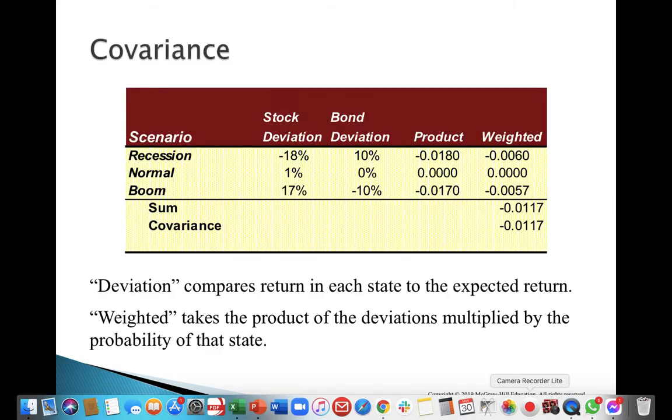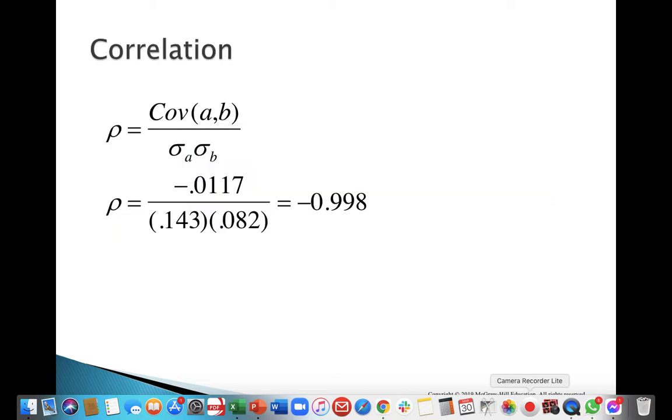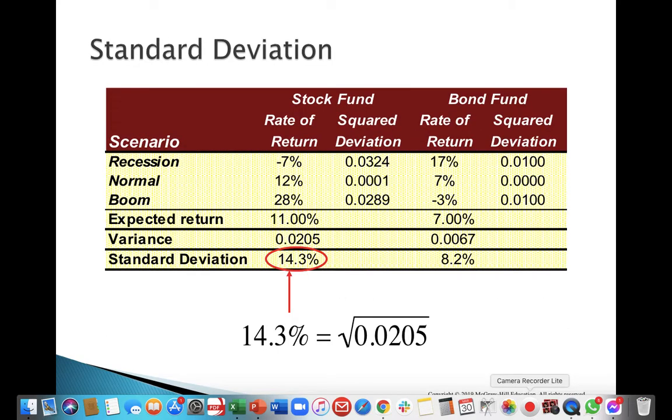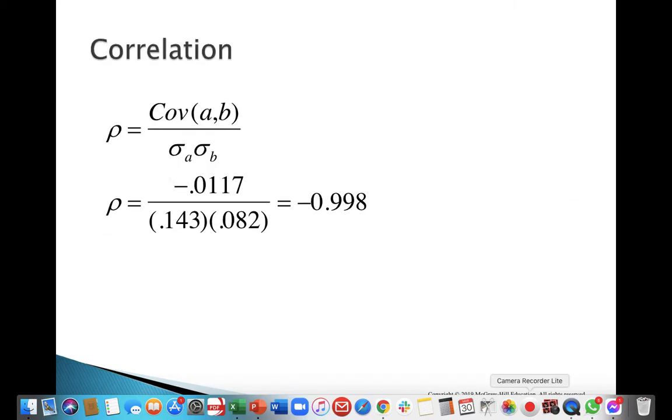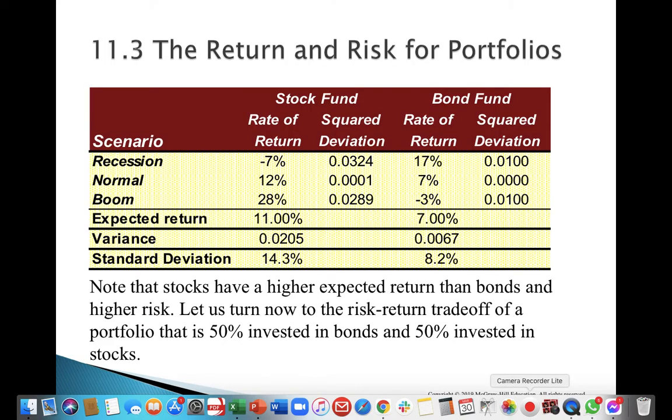Covariance, calculated in the slide just before, is minus 0.117. That is the numerator. For the denominator, the standard deviation of stock fund, 14.3, and the standard deviation of bond fund, 8.2, we calculated here. Then we got the correlation of minus 0.998.